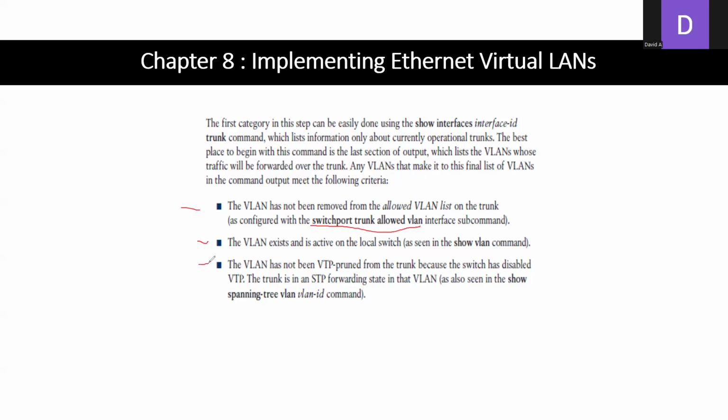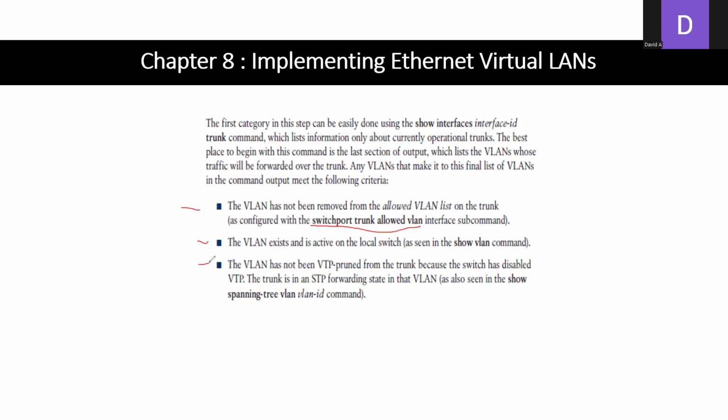Last but not least, the VLAN has not been VTP pruned from the trunk, or the switch has disabled VTP, and the trunk is in an STP forwarding state in that VLAN. What does that mean? That means the VLAN not being VTP pruned means it's not getting any configuration from a VTP master switch to say, hey, these VLANs don't belong on your switch, or they do, based on the master switch.